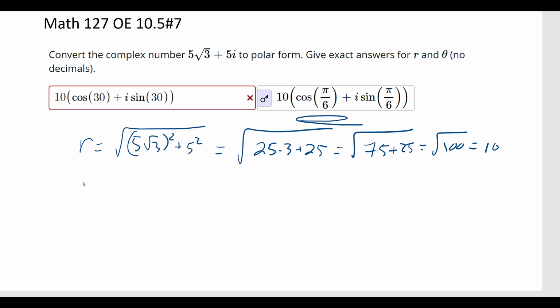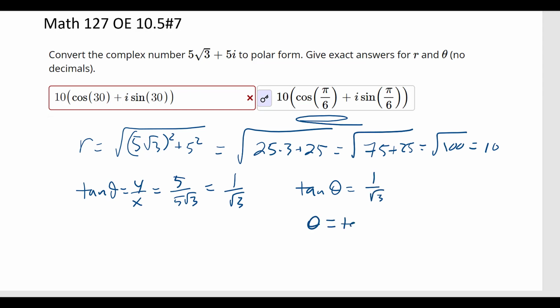Our theta, so we know that tangent theta is going to be the y value over the x value. So that's going to be 5 over 5 root 3, which is 1 over the square root of 3. So you can ask yourself, because I'm sure you've all memorized the charts, tangent theta equals 1 over the square root of 3. Theta would be tangent inverse of 1 over the square root of 3.